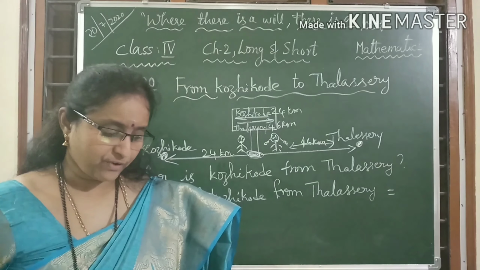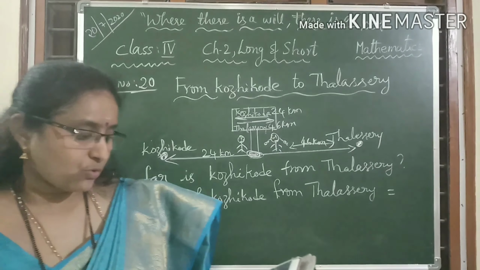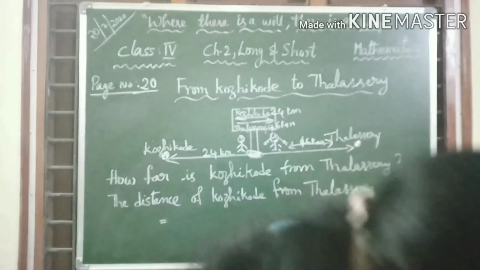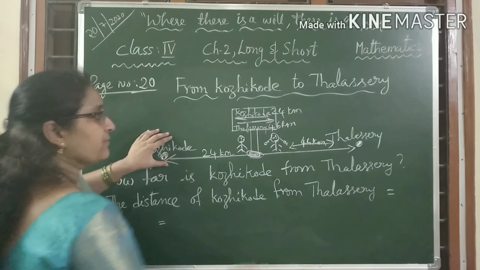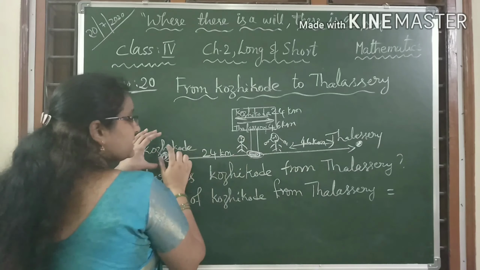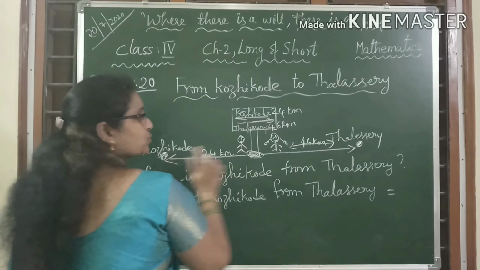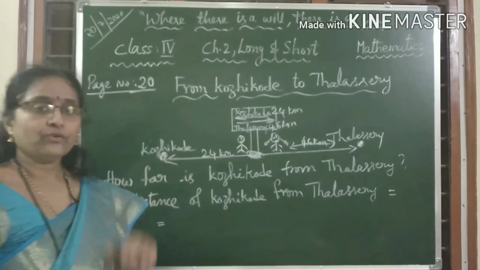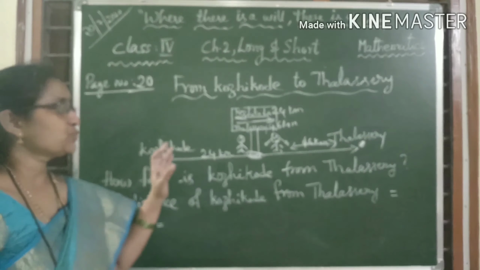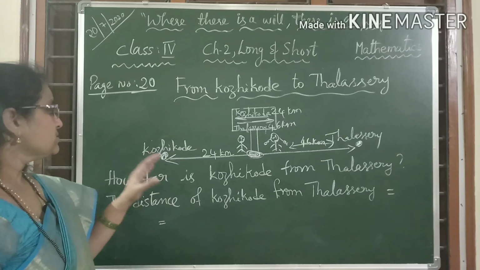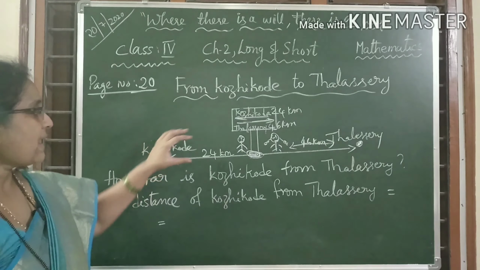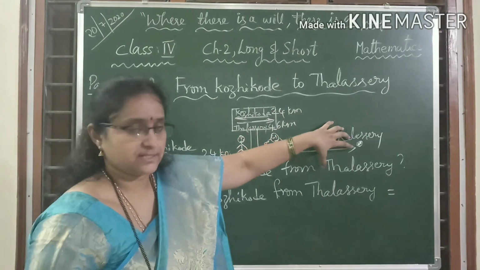Now we need to find out how far Kozhikode is from Talsari. Kozhikode from Talsari means the distance between these two places we have to find out. So what do we have to do? We have to add these distances.